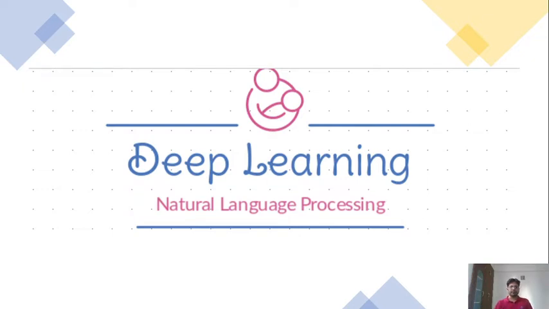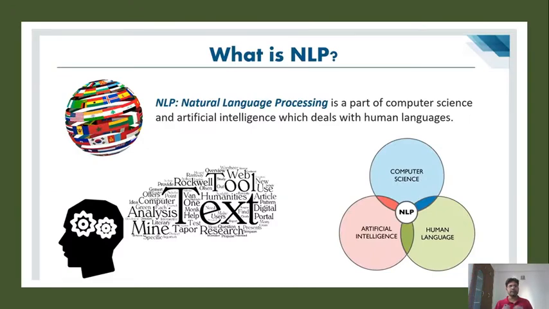So in particular, what is exactly the meaning of natural language processing? You can say this is the part of computer science and AI which deals with human languages. Now, what exactly is the meaning of human languages? We want to connect with the system, with the laptop or desktop or computer system, in our own language.